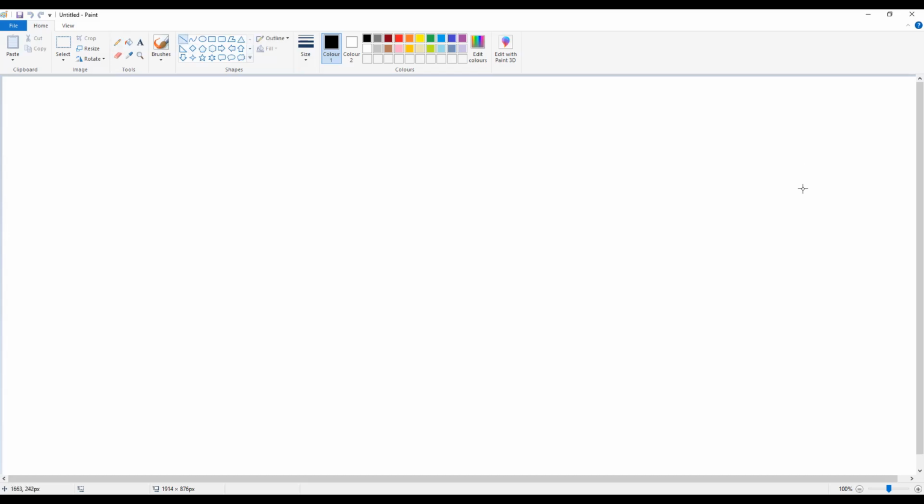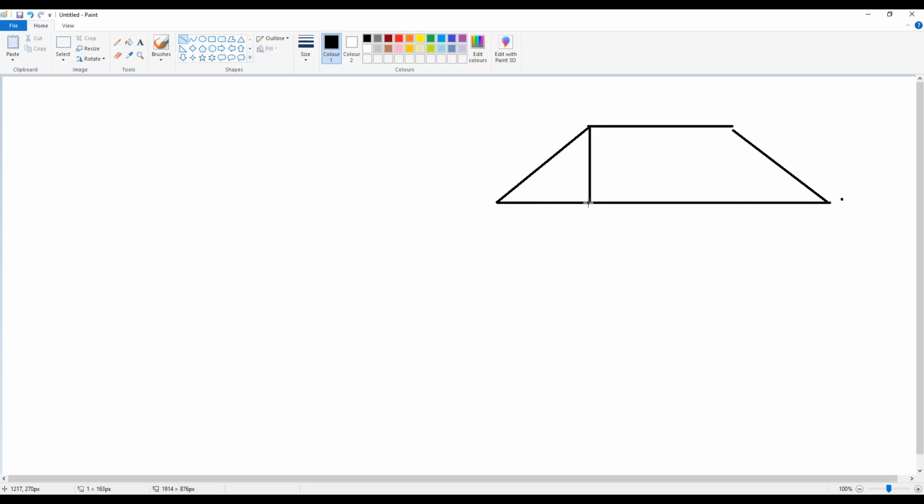So we have the truss, and we know the reactions.